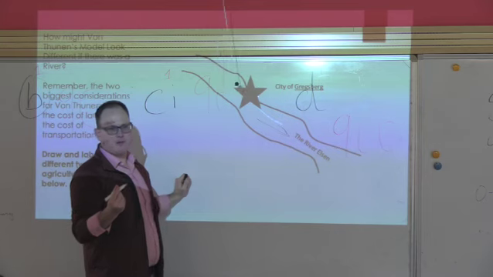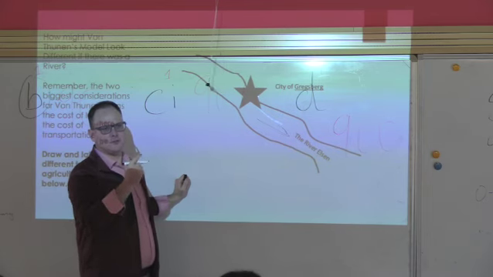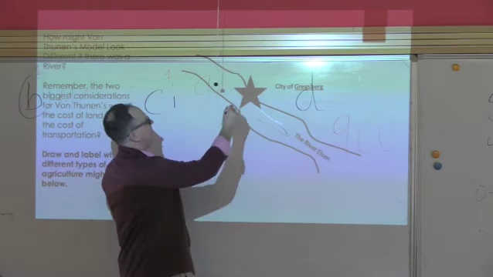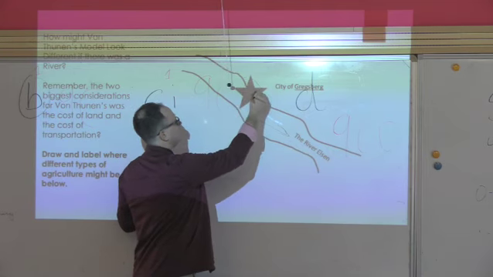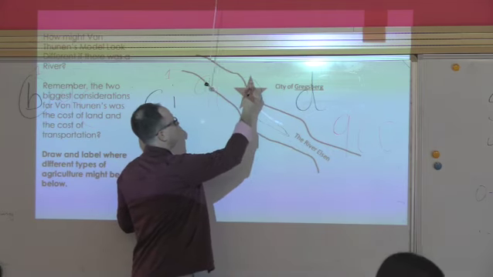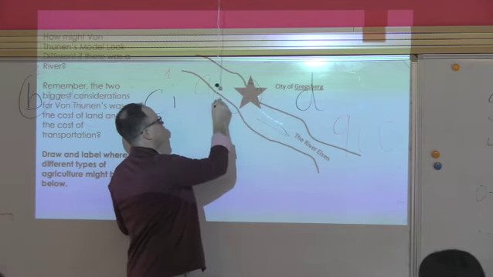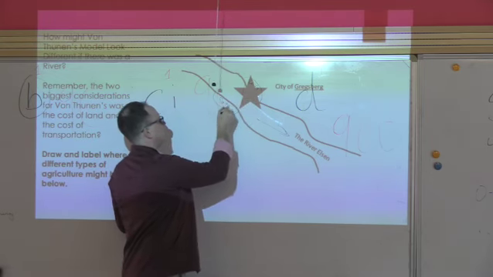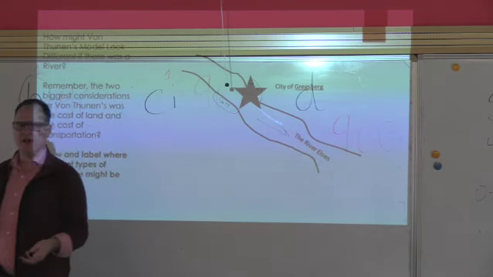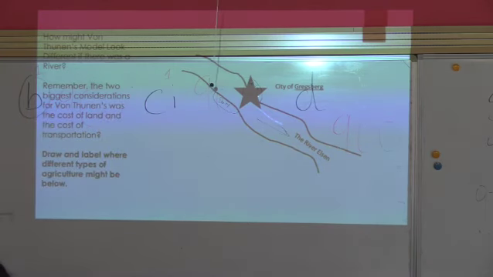So pick up a colored pencil. And we might have dairy farms here. And maybe up here too. Because you still have to transport it, right? And you don't want it to be very far away and it still needs to be fresh. But it's still going to be pretty close, right?